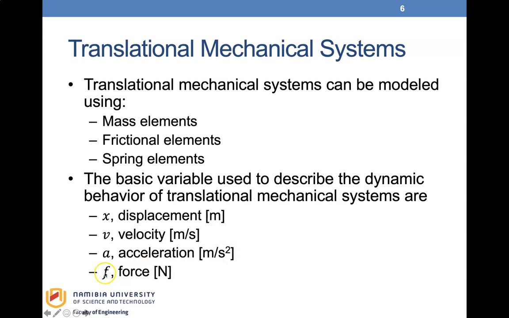And then we have the force, which is in Newtons. These are the basic variables you will use for mechanical systems.